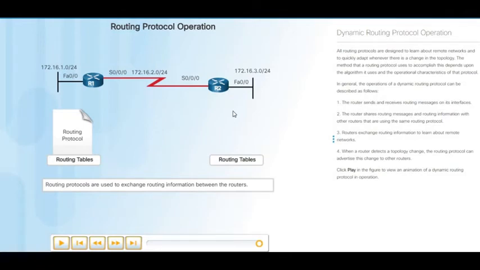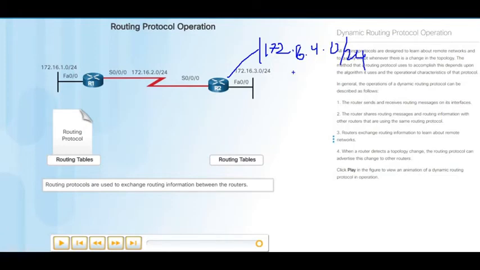All right. Now, simultaneously, when a router detects a topology change, for example, let's say I added a 172.16.4.0 network, another LAN on R2.